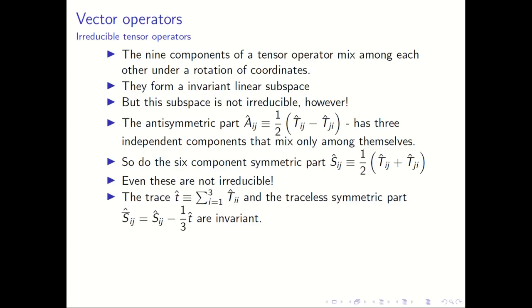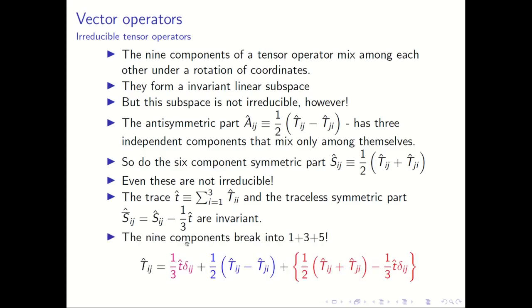So ultimately, under rotation of coordinates, the 9 components that we had break up into 1 component, which is the trace, where I put in a 1/3 so that you can write t hat ij directly in terms of this, plus 3 components of the antisymmetric part, plus 5 components of the symmetric traceless part.